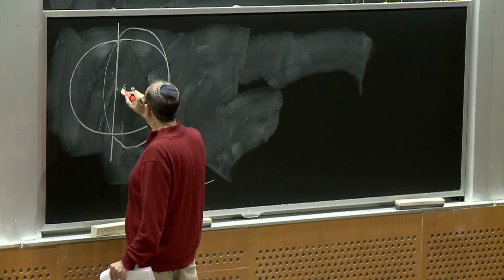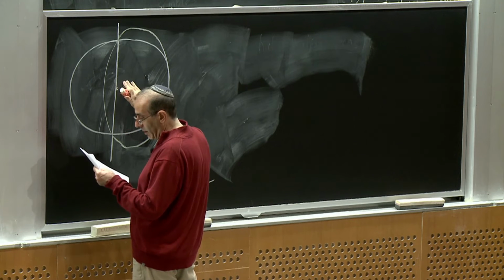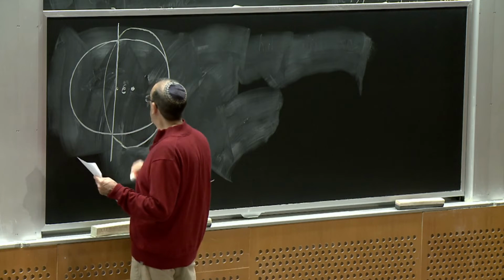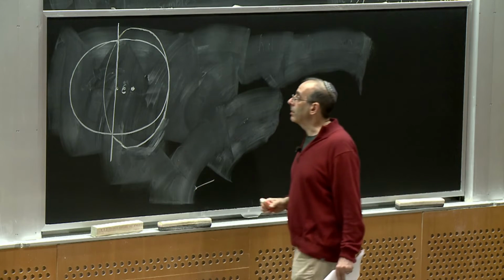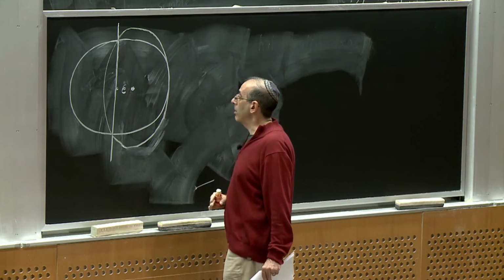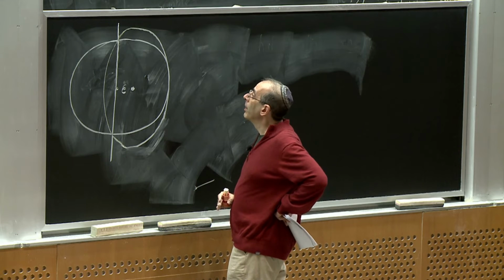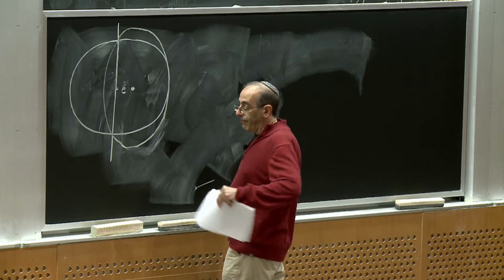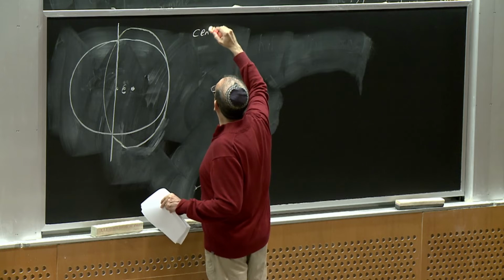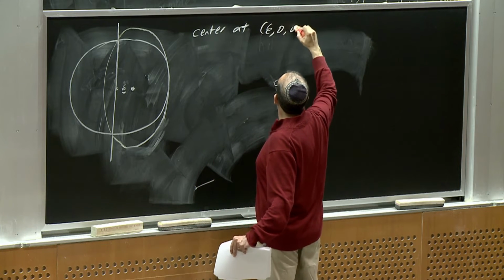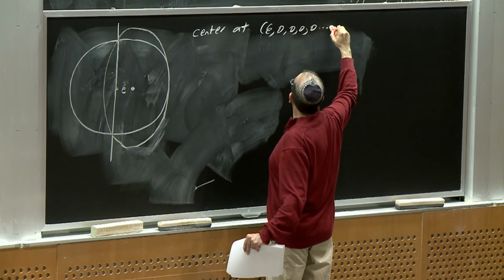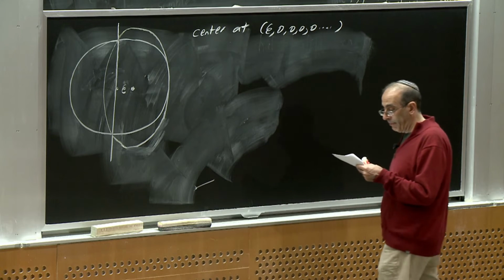Let's call this epsilon, the distance that I need to move the center over, because the new ellipse is centered somewhere to the right of the old one. So we're going to center this ellipse at epsilon, but we're going to leave all of the other coordinates 0, okay?